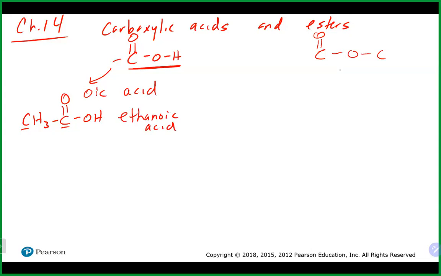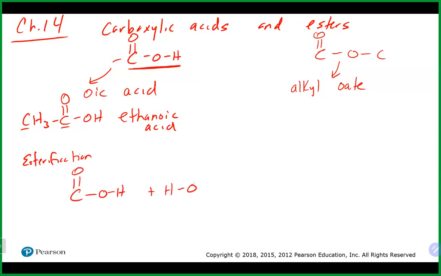Our esters, on the other hand, are named some way, but I think we go "oate" at the end of it. And there is an alkyl group name that comes from the alcohol. Remember that our esters come from an esterification reaction, as we talked about. That is when we throw together our carboxylic acid and an alcohol, and water goes out.